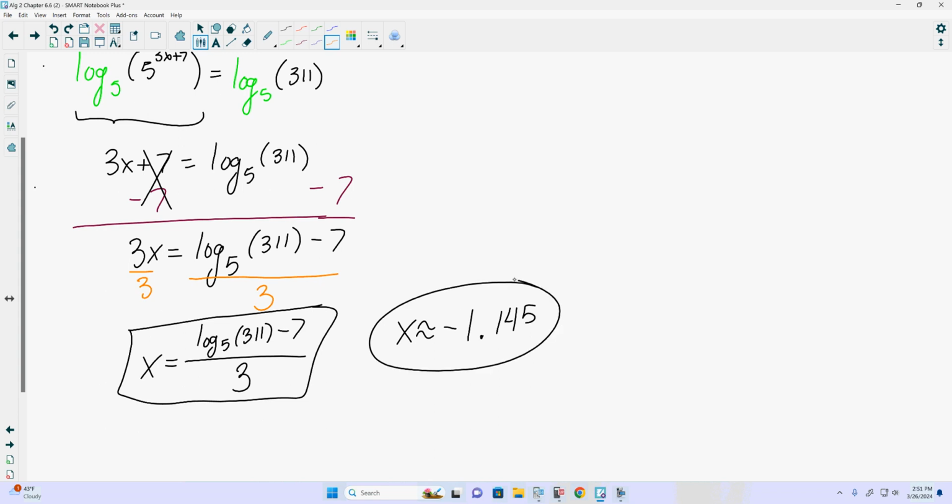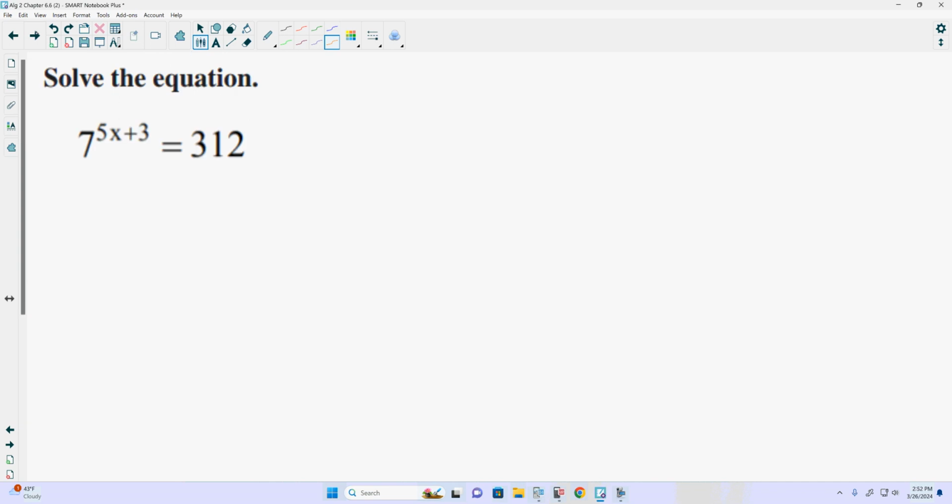Yes? Agree? Disagree? Minus 7 divided by 3. Yep. Questions on this here? We feel good about this here? Let's look at the next one.